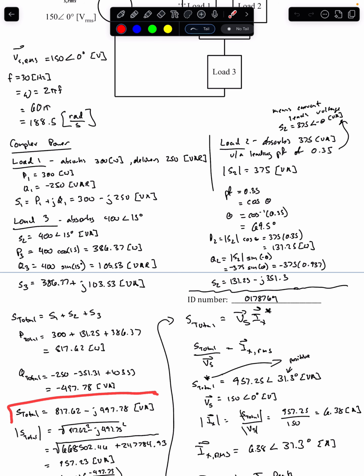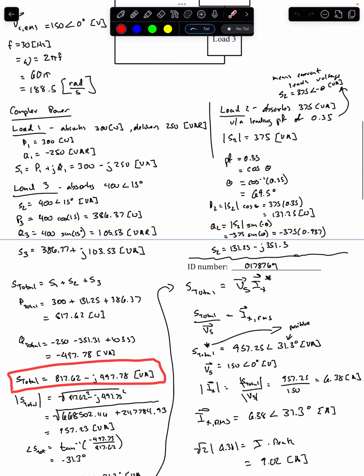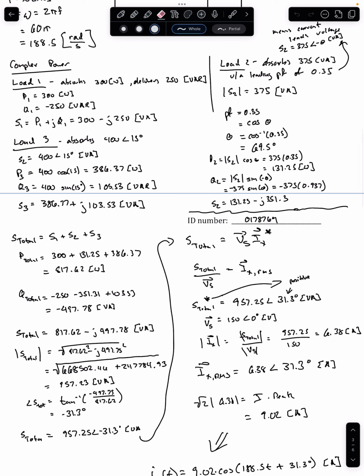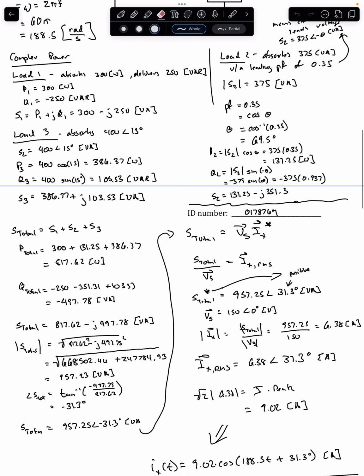S total is the real portion and the complex portion. For the absolute value of S total, we know this from the formula table as well: square the real part, square the complex part, and find the square root. That gives us S total.